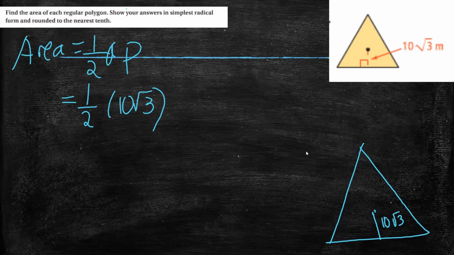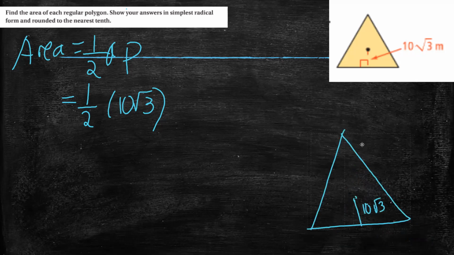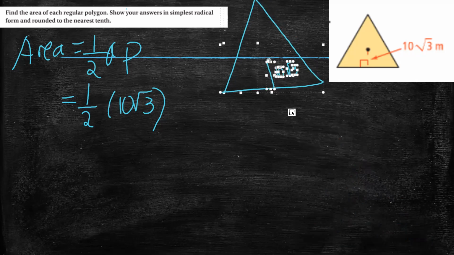To find the perimeter, as we said, I need S. So let's say now, if this is A, this will be the hypotenuse. This will be S over 2. And this will be 12 square root of 3.